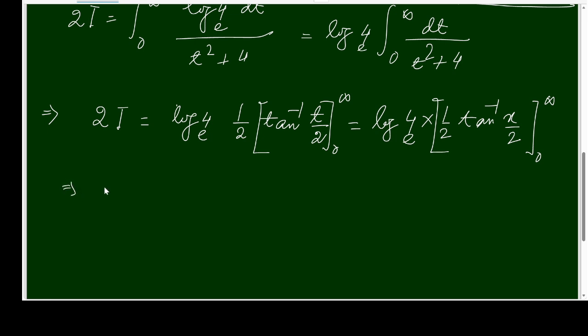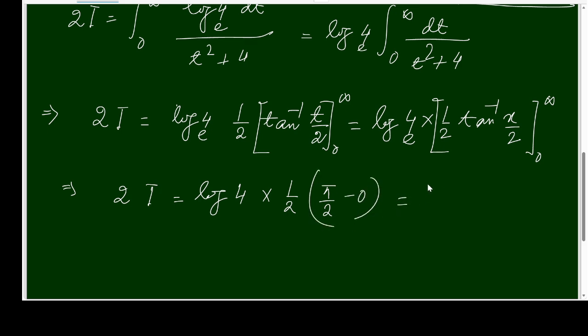So this gives us twice I equals log 4, this will be half tan inverse infinity, pi by 2 minus 0. This will be pi by 4 log 4.